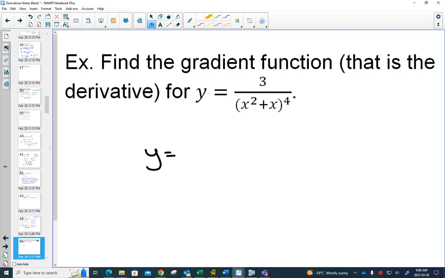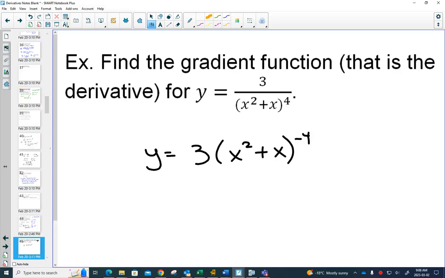So sometimes we will want to decide, do I want to do a quotient rule with a chain rule embedded in it? Or do I want to use my exponent rules to bring that 4 to the top, and then I have just a chain rule? So I still have the x squared plus x inside of the function. It's inside of the x to the minus 4.